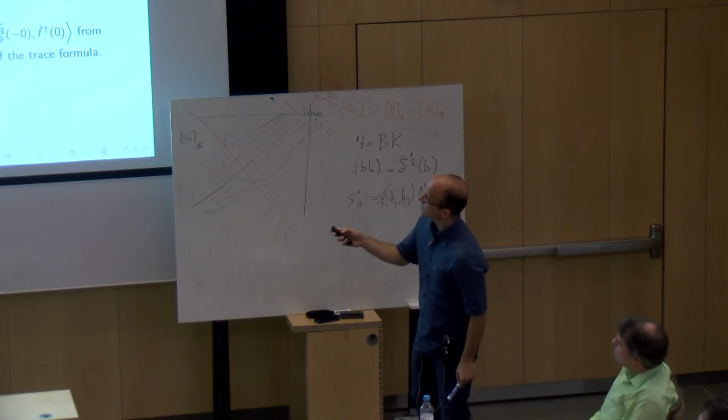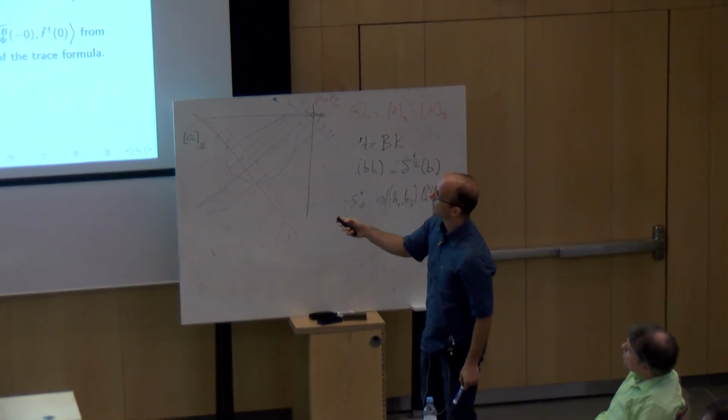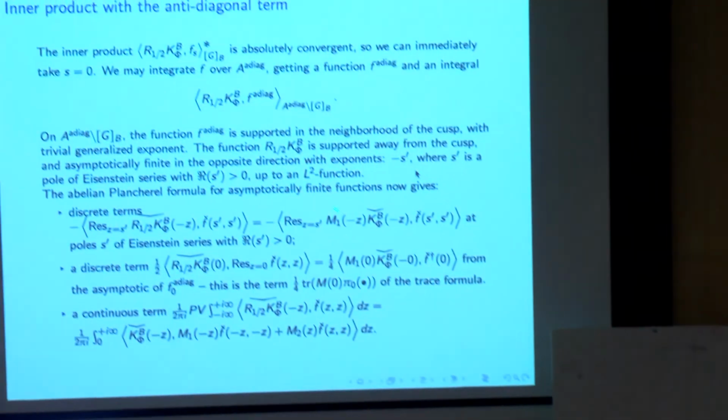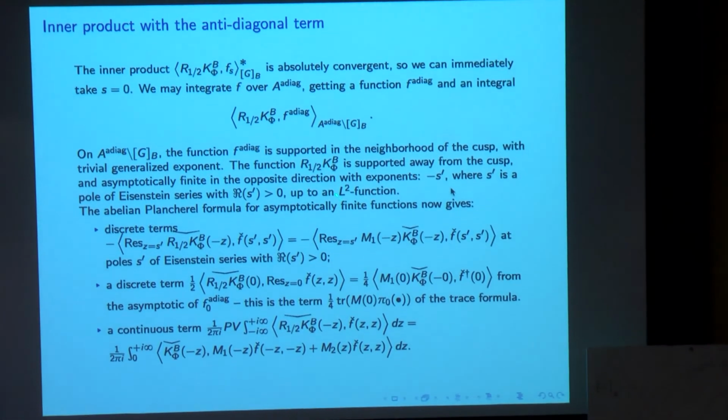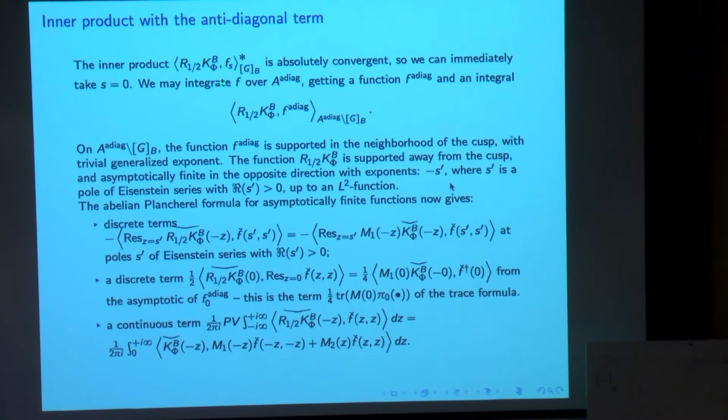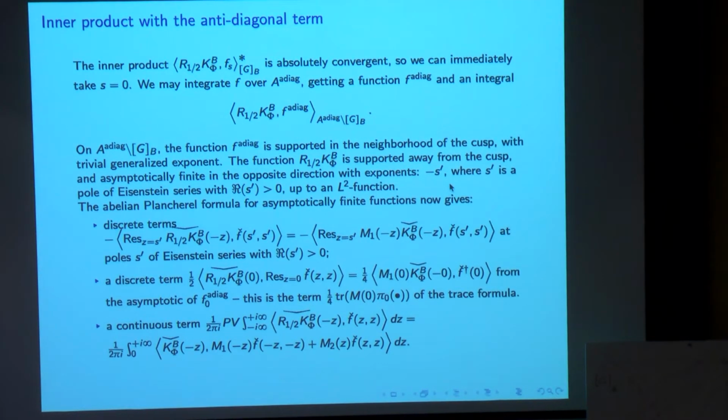And this inner product will explain the mysterious term that showed up in the trace formula, namely, since one of the functions is invariant under the anti-diagonal action of the torus A, we can also make the other one invariant under the anti-diagonal action of the torus A, and then we end up with a one-dimensional toric picture that looks like this.